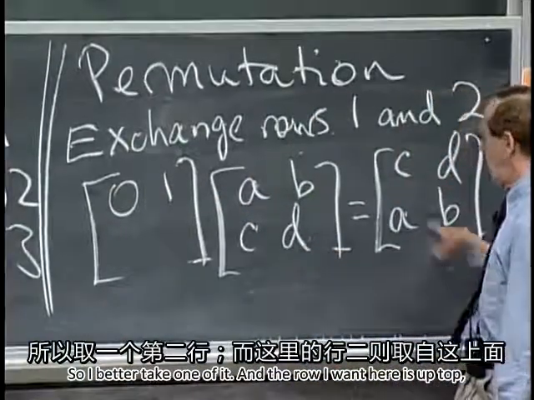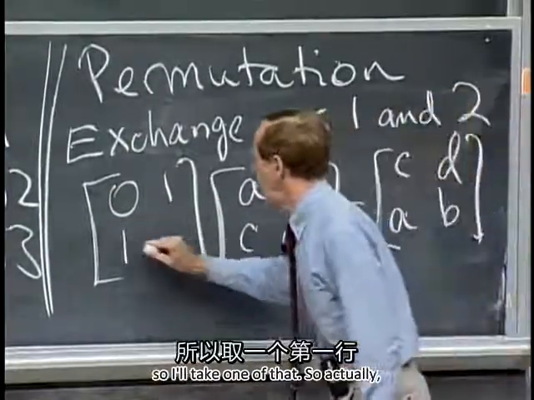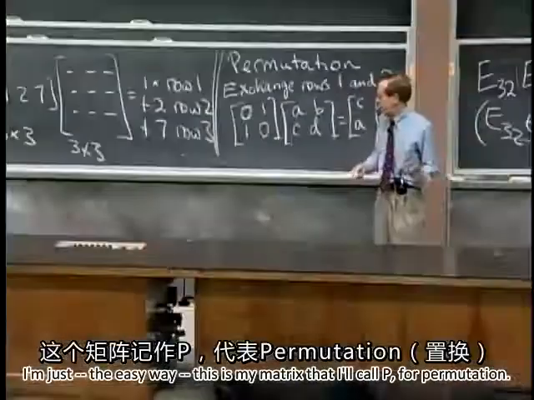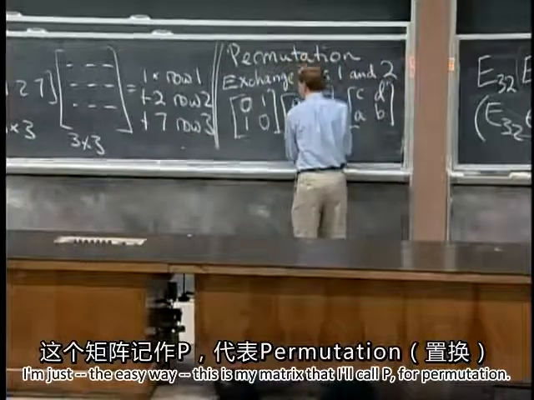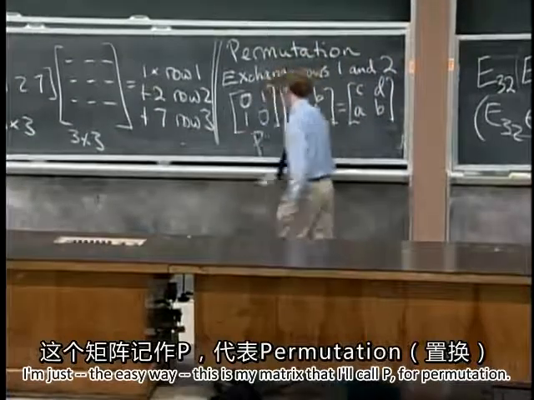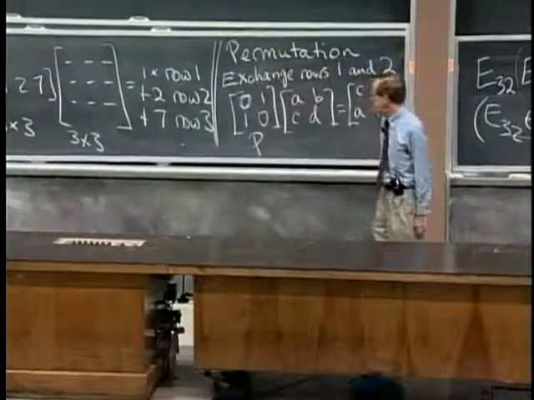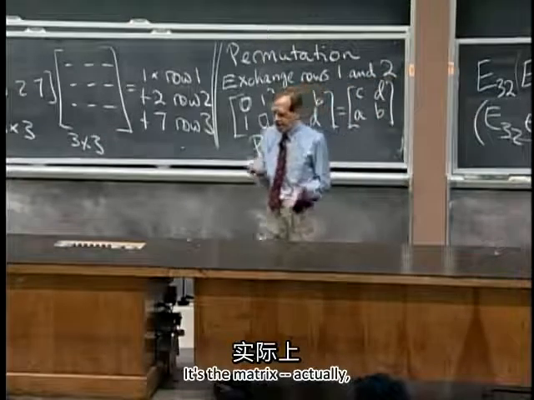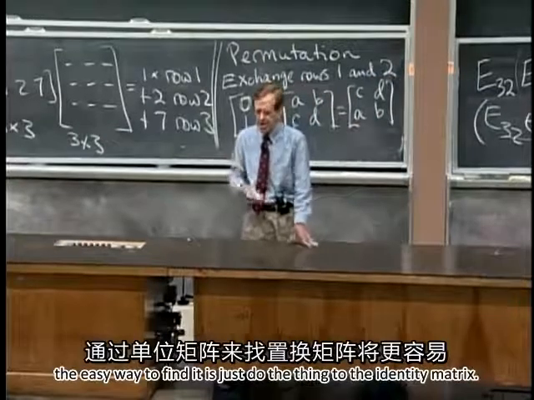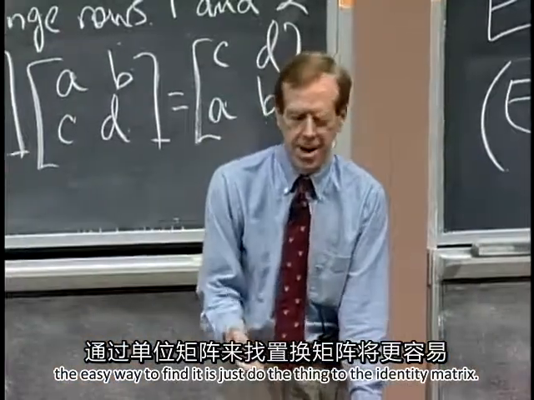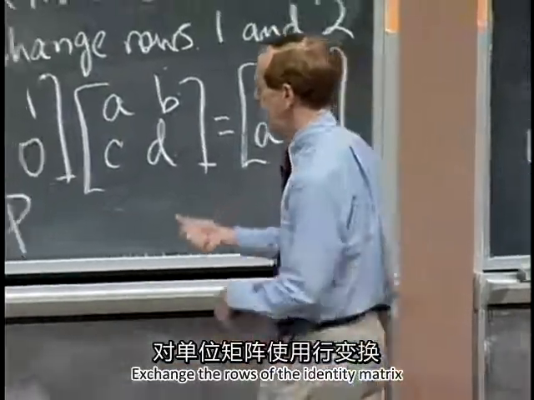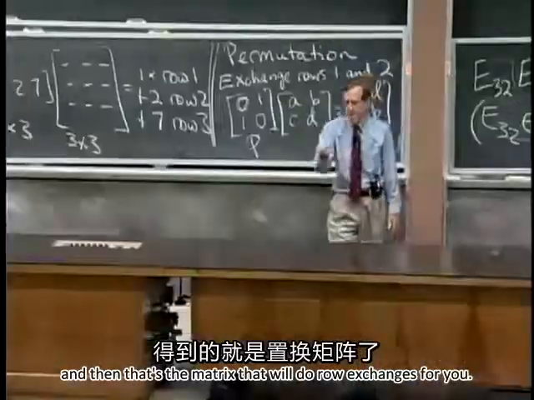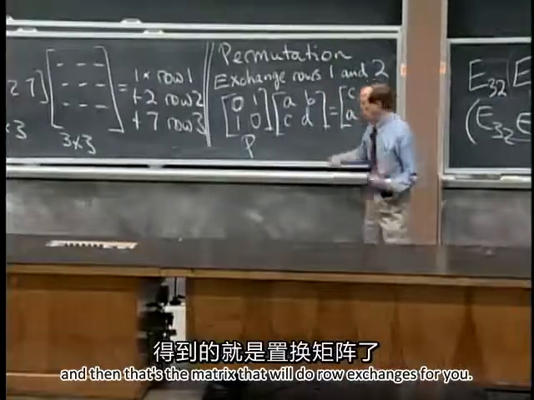And the row I want here is up top, so I'll take one of that. So this is my matrix that I'll call P for permutation. Actually, the easy way to find it is just do the thing to the identity matrix, exchange the rows of the identity matrix, and then that's the matrix that'll do row exchanges for you.